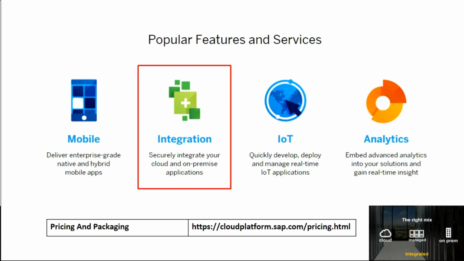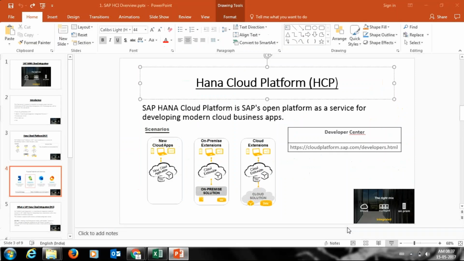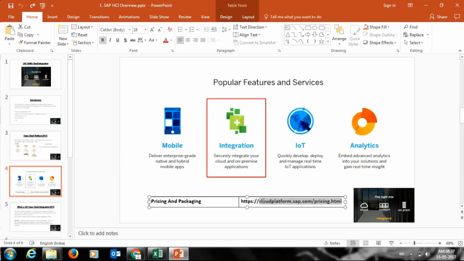You can predict which solution might work in the future, or it helps you take business decisions quickly. So it is called analytics or predictive analysis. Your HANA Cloud platform also supports this.